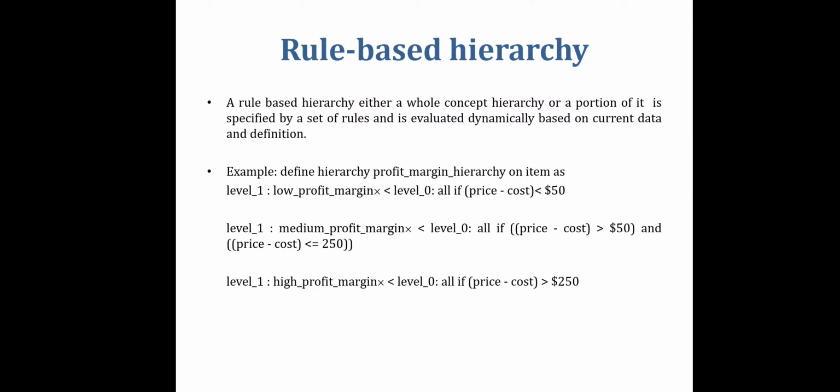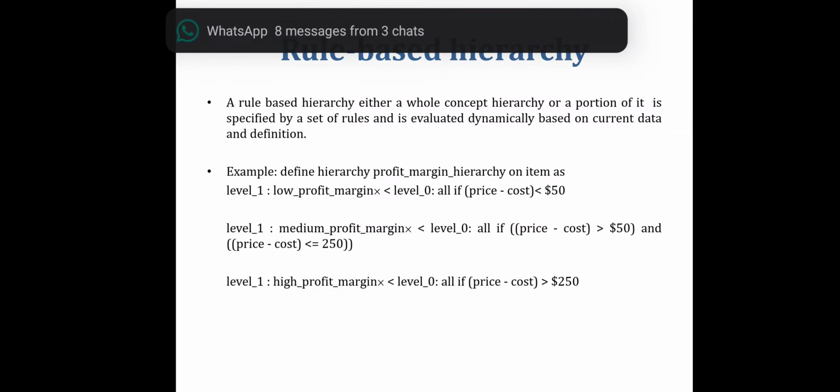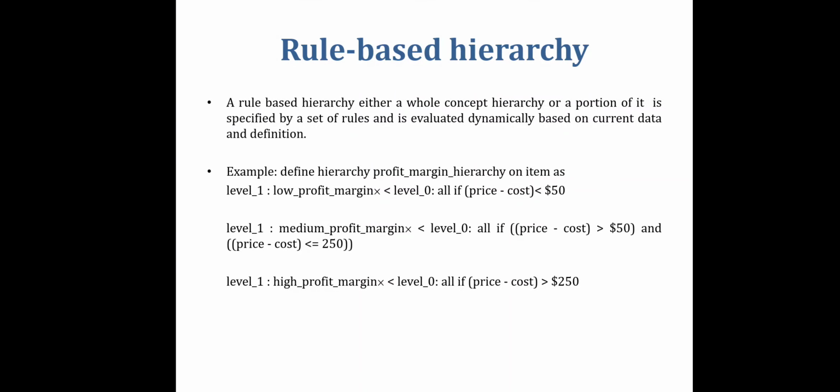and then you come to know some specific conclusion, right. So, the example given here is a hierarchy of profit margin. A profit margin hierarchy on an item is given. In that, you will see that level 1 shows a low profit margin.